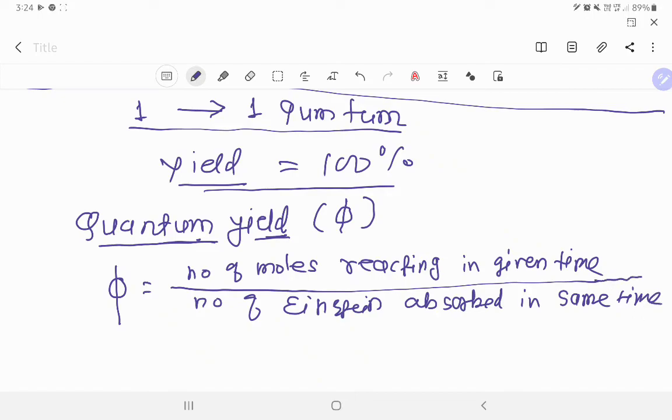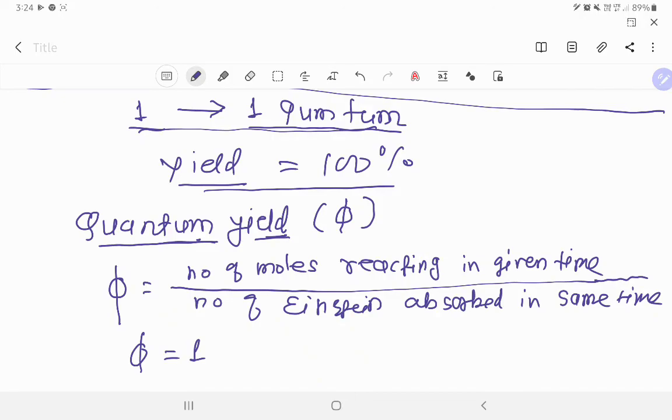According to the law of photochemical equivalence, if one molecule absorbs one quantum of energy, then this ratio should be 1. The number of moles reacted divided by the number of Einsteins absorbed will be 1 in the ideal condition. This quantum yield is 1. It is the ideal condition. Phi is equal to 1.